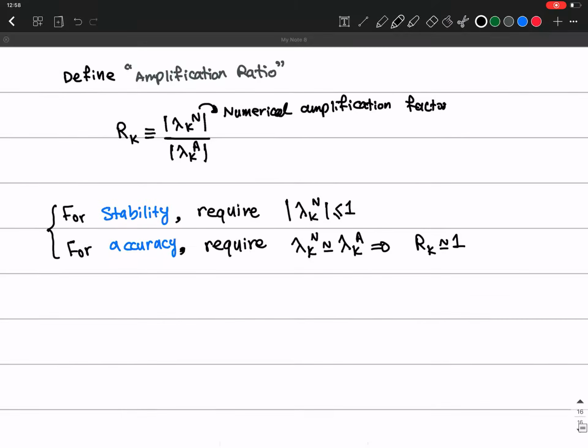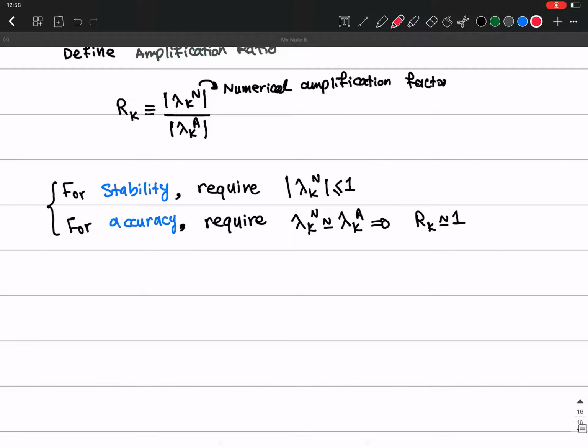And now I want to solve an example for this so you get more familiar with how you can calculate this analytical and numerical amplification factor, and also the accuracy criteria and amplification ratio.